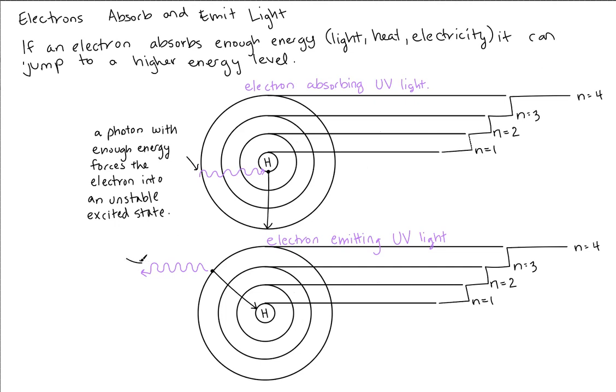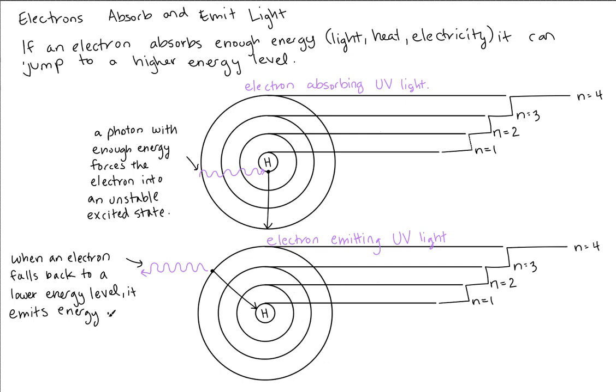So let me write that. When an electron falls back to a lower energy level, it emits energy in the form of a photon.